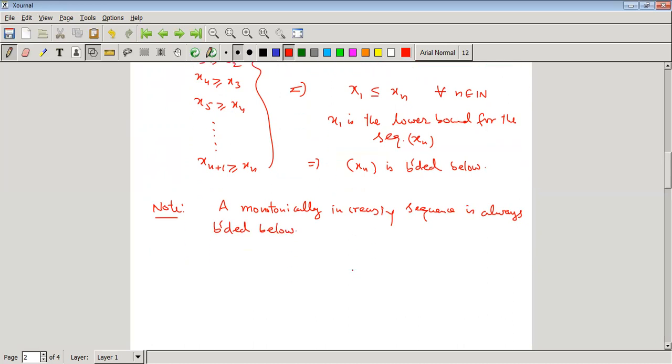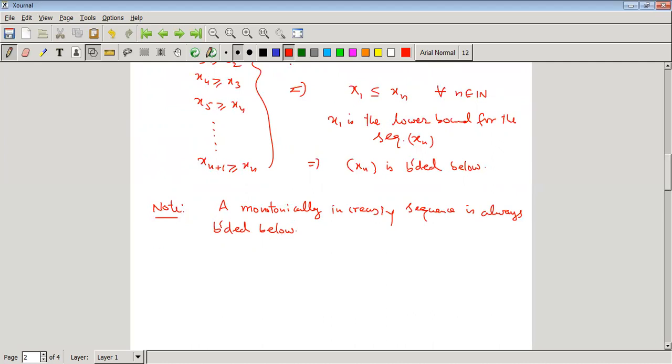So if we have to prove that a monotonically increasing sequence is a bounded sequence, there is no need to prove that it is bounded below, because monotonically increasing sequences are always bounded below. We have to only show that the sequence is bounded above. If the sequence is bounded above, then the given sequence is a bounded sequence. So if a sequence is monotonically increasing, then it is bounded below.